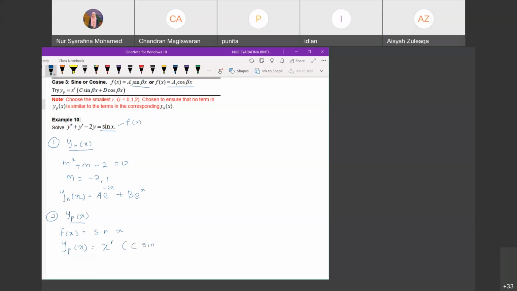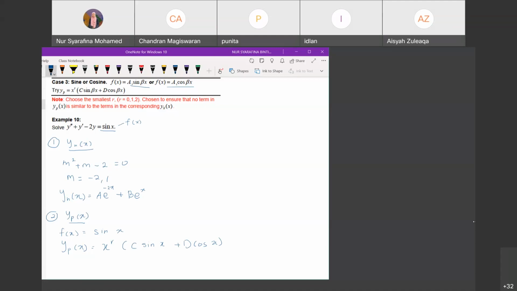Your beta here is 1, so C sine x plus D cos x. Whatever your function is, either sine or cosine, your yp should consist of both sine and cosine. This is the general form of a trigonometric function, which consists of sine and cosine, so that it will ease us to use any trigonometric identity later on.